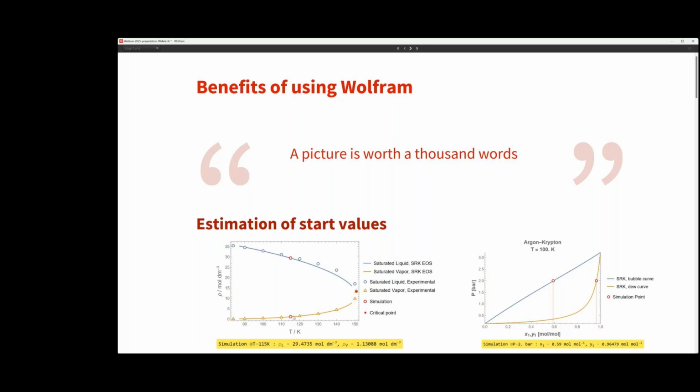On the right-hand side, the vapor and liquid molar fractions of a binary mixture are proposed, illustrated in a vapor pressure diagram, again using an equation of state, here the Schwarzschild-Friedrich-Kwong equation. So this can be used as starting values and input for the simulation setup.